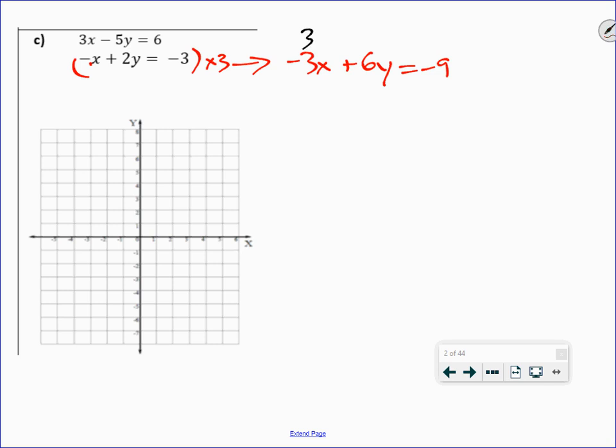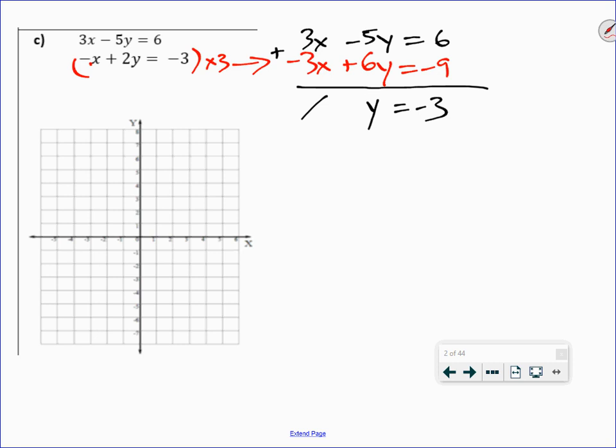The first equation, I'm not going to do anything to. Now, the coefficients of x are additive opposites, so I'm going to add the two equations together. 3x plus negative 3x is 0. Negative 5y plus 6y is y, and 6 plus negative 9 is negative 3.